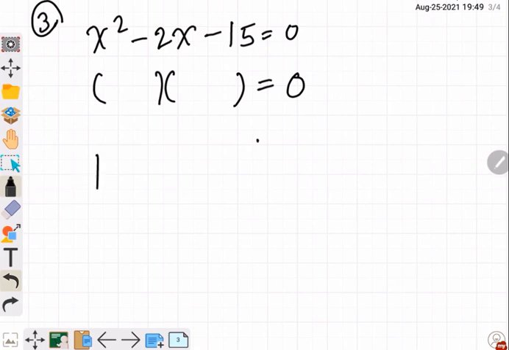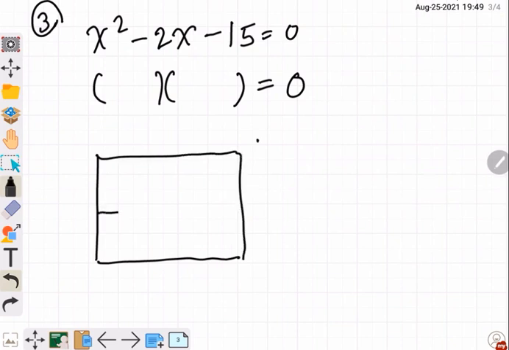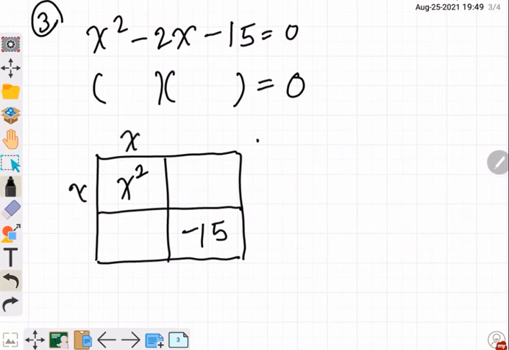We can use what we call the multiplication frame here. So here is the first term, which is x squared, and here is negative 15. So what we do is we split x squared into x times x.